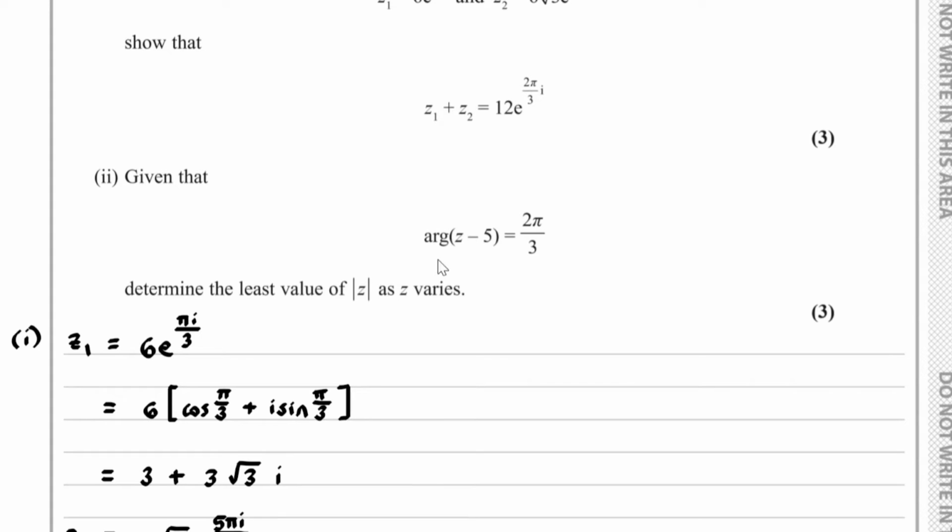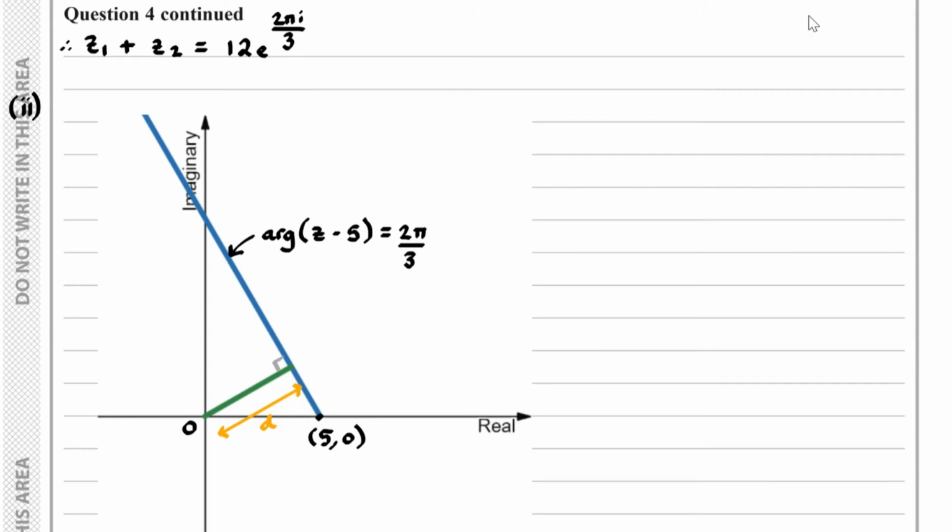For the next part, given that the argument of z minus 5 is equal to 2 pi over 3, we have to determine the least value of the mod of z as z varies. Well, here is a diagram. We've got the argument of z minus 5 equaling 2 pi over 3, that's a half line, which starts from the point 5, 0.